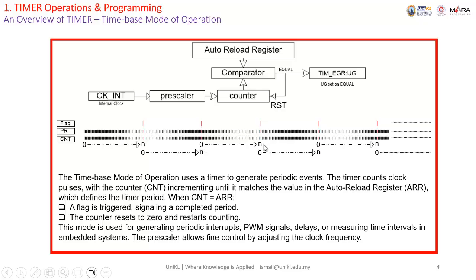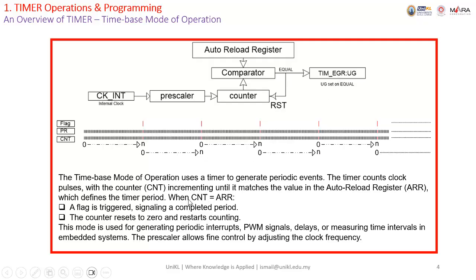Whenever the auto reload register and the counter are equal, the value inside them are equal, then the timer EGR UG flag will be generated.